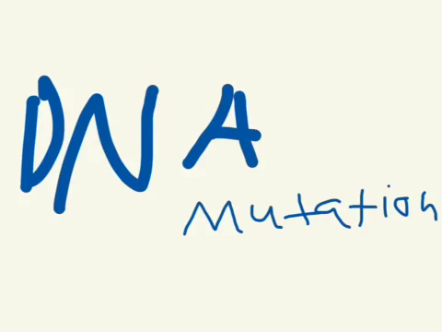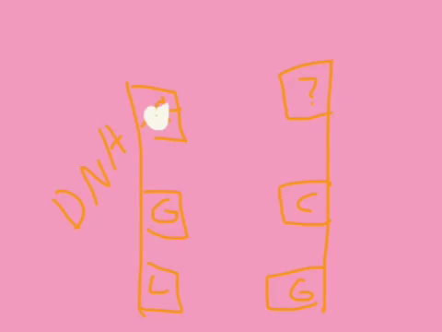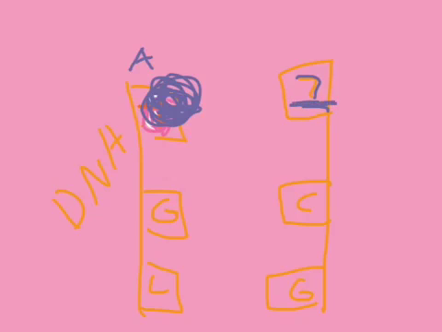Now we're going to talk about DNA mutations. A mutation happens when a radiation, like X-rays or UV radiation, or carcinogens, which are toxins, the stuff in cigarettes and other things, go into your body, and picture this T would get changed magically into an A. And then instead of the question mark being here, this one would get changed.